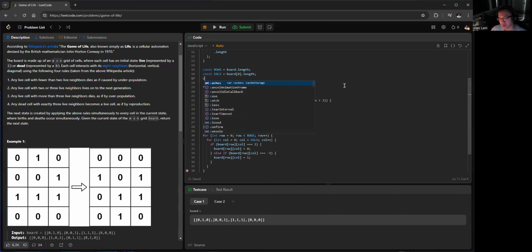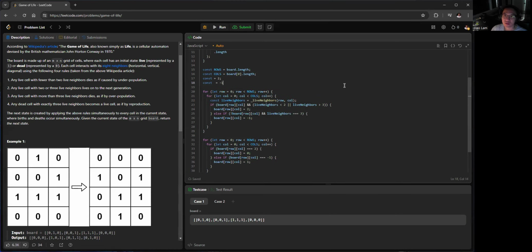So actually, we should give the 2 and the -1 some constants, right? To make it even clearer for readability. So we can name the 2 previous state is life, right?